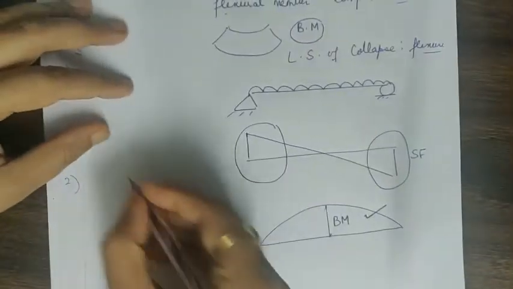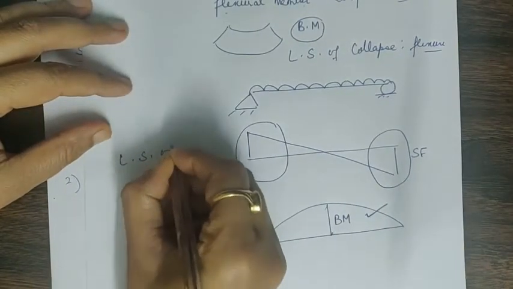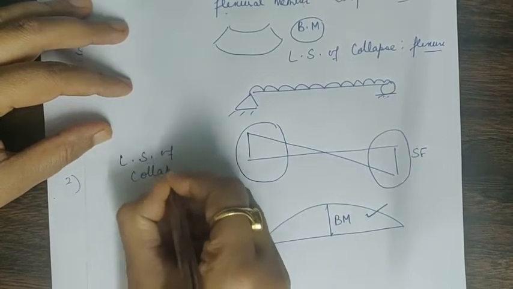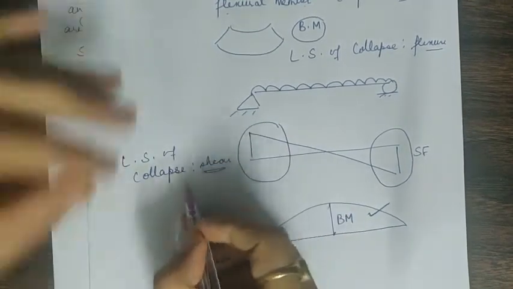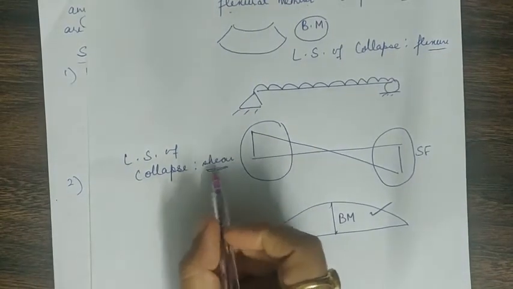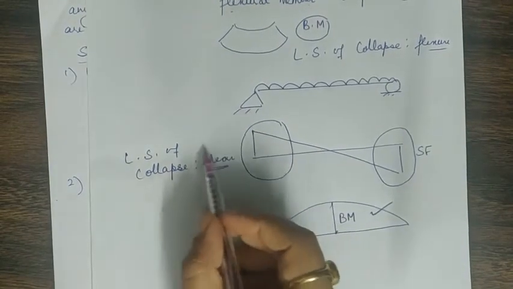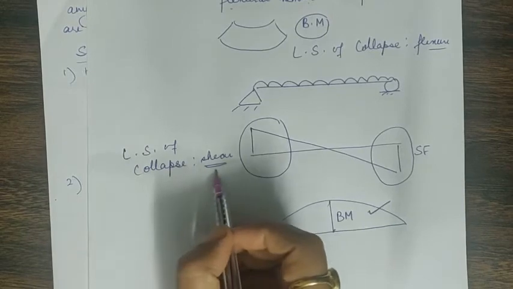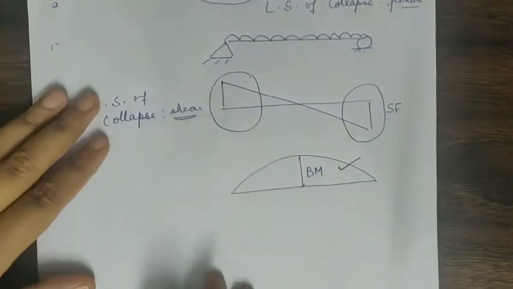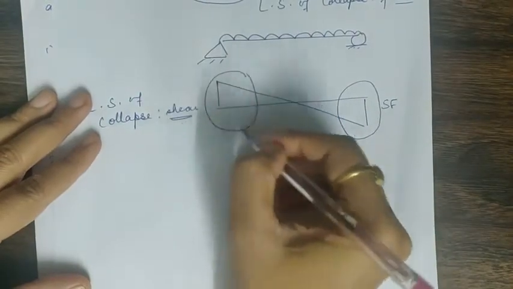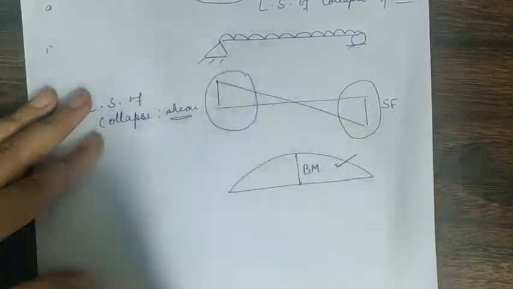So that's why we are considering limit state of collapse, shear. What type of failure occurs due to shear? What kind of reinforcement should be provided so that the shear failure does not occur? A shear failure will generally occur near the supports.